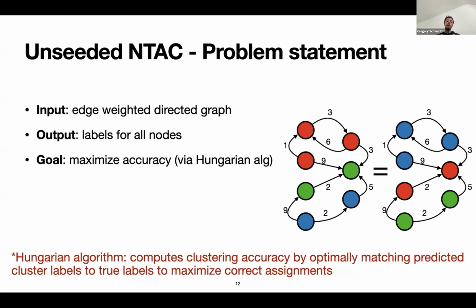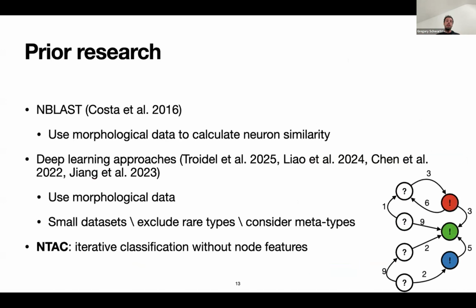You can still talk about accuracy, but then you need to map the clusters returned by the algorithms to real type labels. And I won't go too much into the slides. It can be done efficiently. Okay, so this is what accuracy means here. You map the clusters returned by the algorithms to real labels in the best way possible, such that accuracy is maximized.